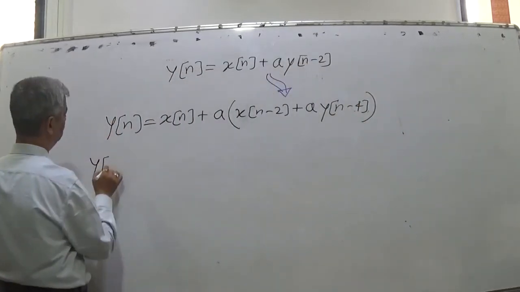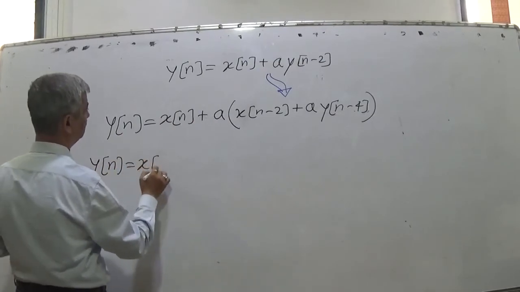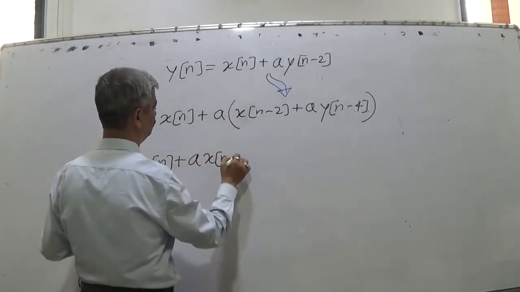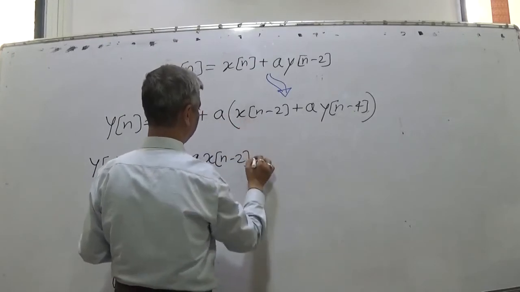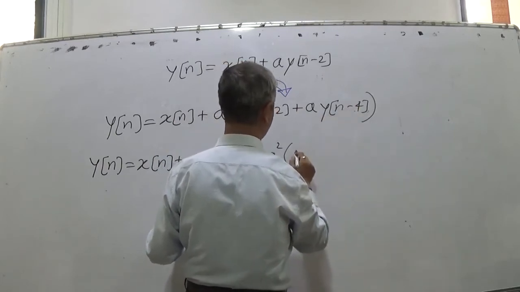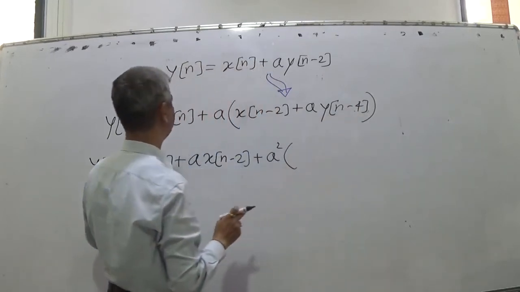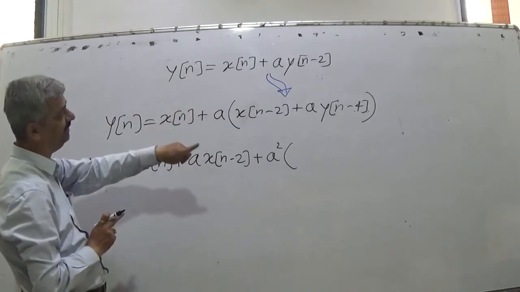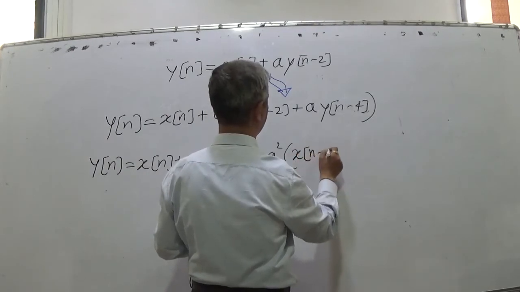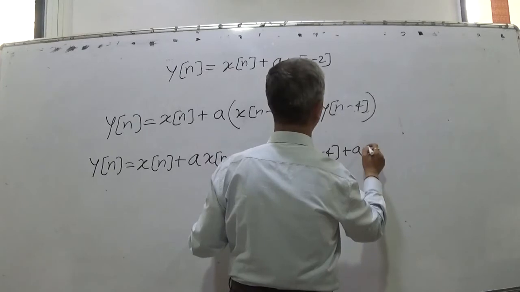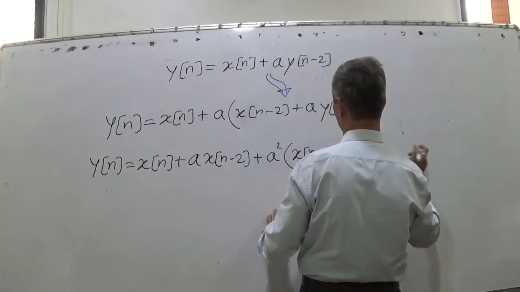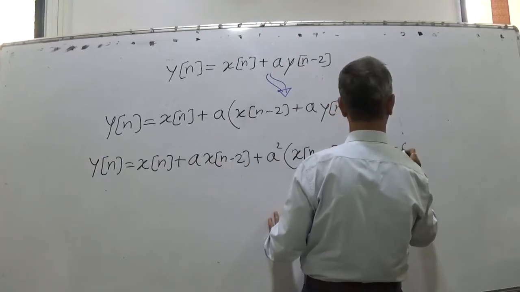Then yn is equal to xn plus a xn minus 2, plus a square into bracket yn minus 4. What is yn minus 4? yn minus 4 is xn minus 4 plus a y of n minus 4 minus 2, n minus 6.